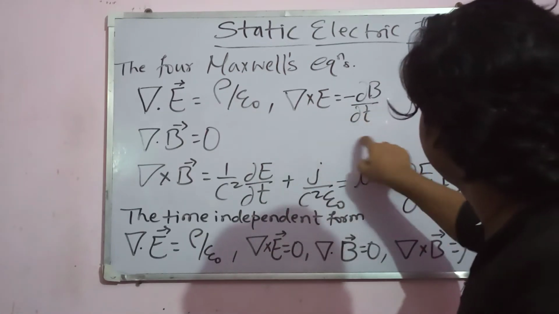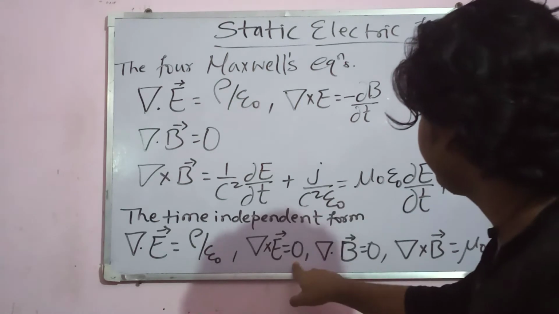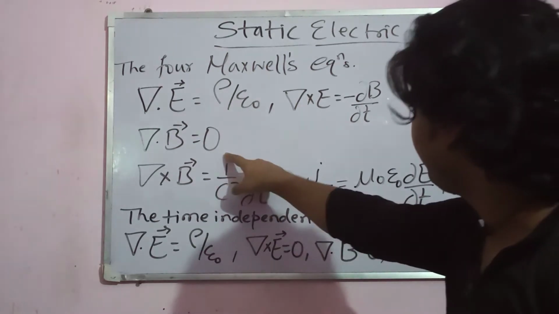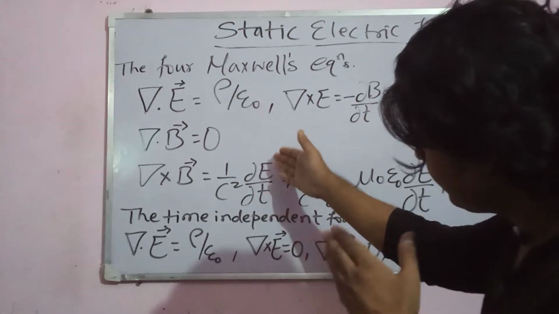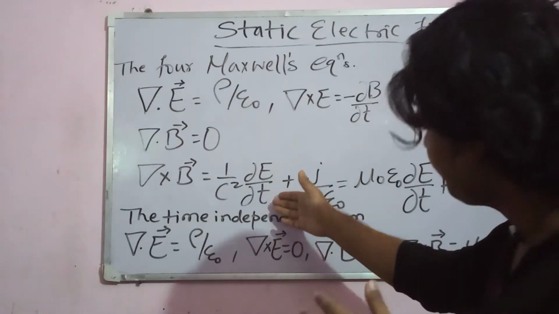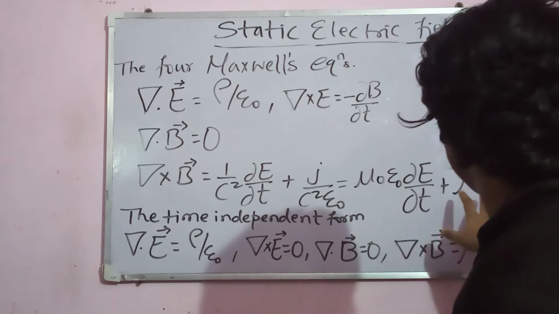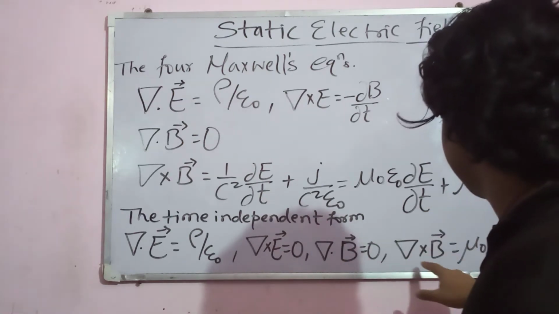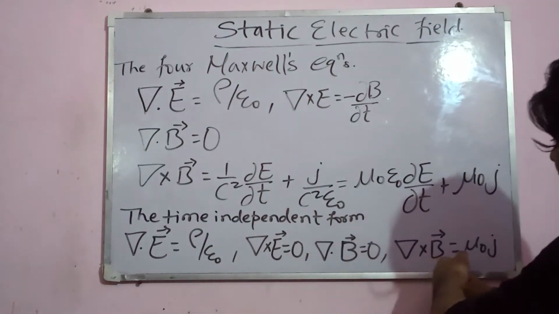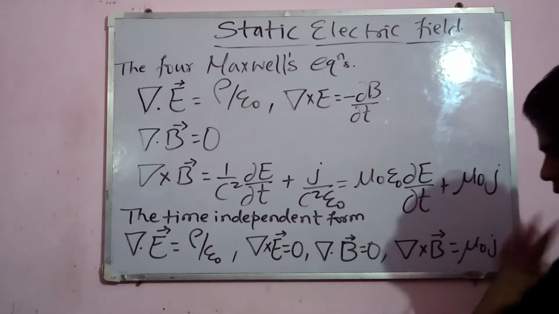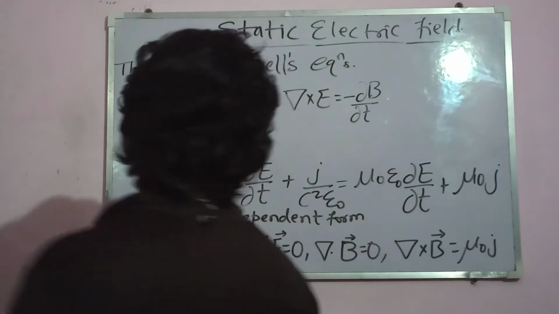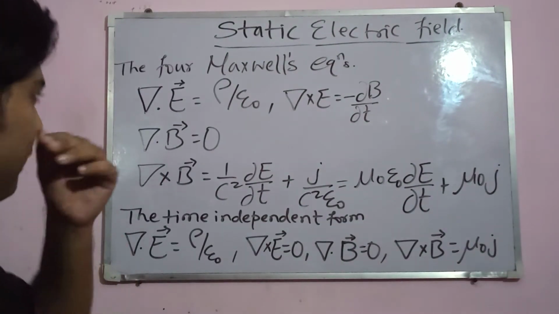This should be neglected, so we take 0 here. This is already 0. And here, this is the time rate of change of the electric field, so this should be taken to be 0. The time independent form of Maxwell's fourth equation is equal to this. This is the simplest form of Maxwell's equations.